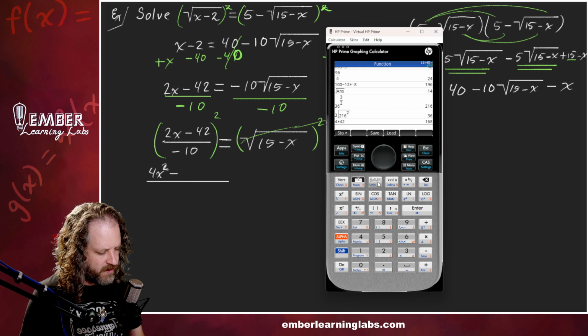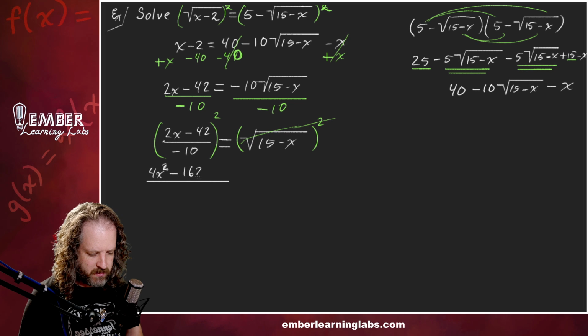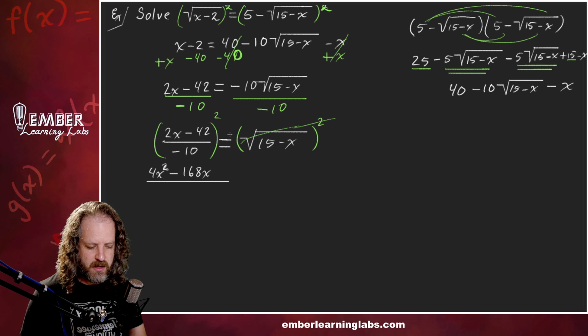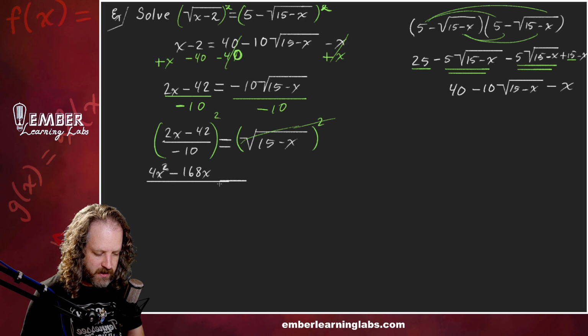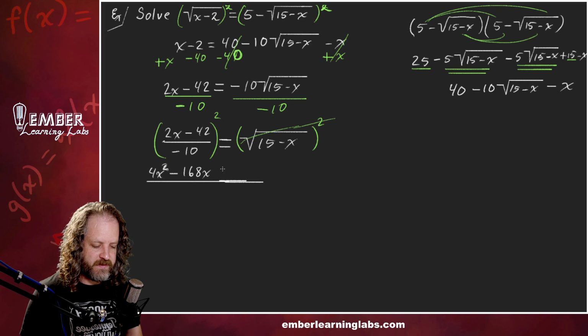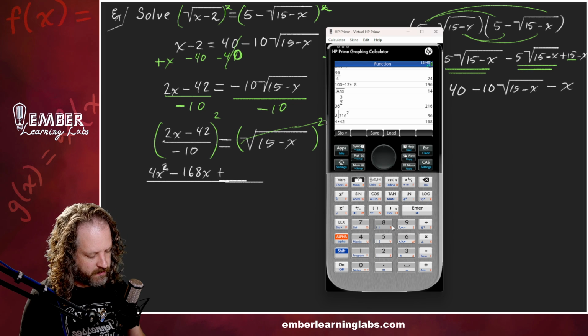So negative 168x, and then plus 42 squared, because it's this squared. It's always going to be positive, because even if it's negative, negative times negative is positive. So plus 42 squared, which is something large.